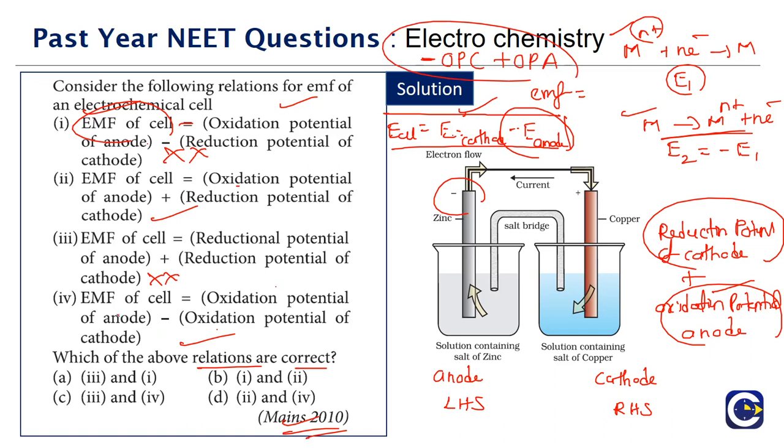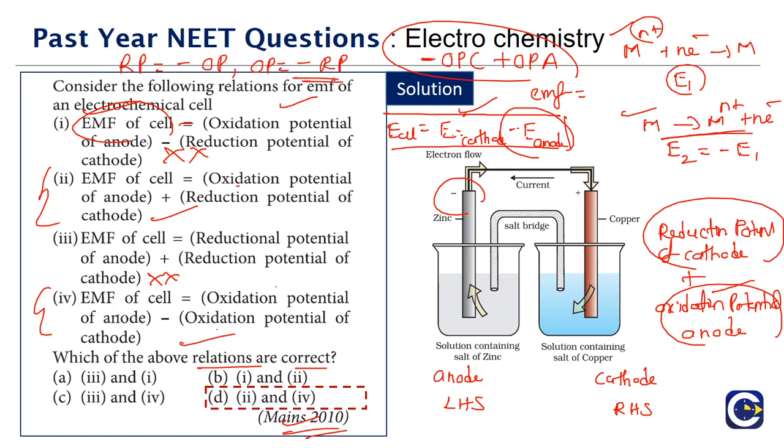The oxidation potential of anode minus oxidation potential of cathode. So which of them are appropriate? Both 2 as well as 4. The correct answer is option D. So all that we are looking at is the relation between the oxidation potential and reduction potential for any electrode. Reduction potential is equal to minus of oxidation potential, or oxidation potential is equal to minus of reduction potential.